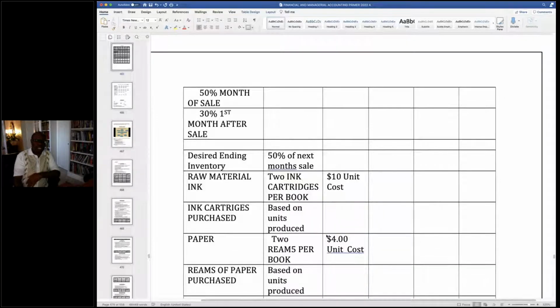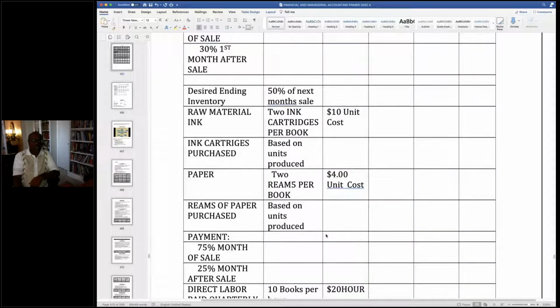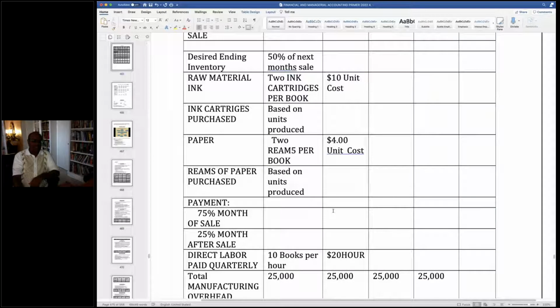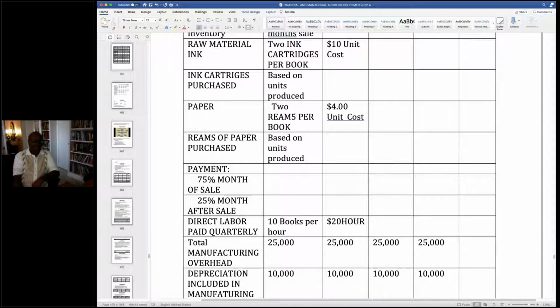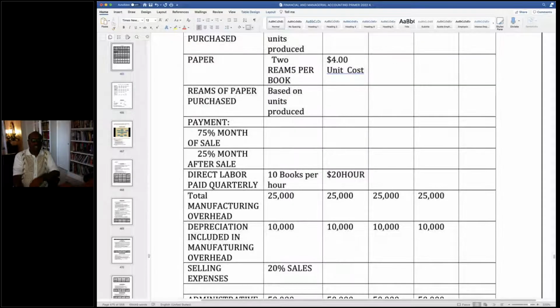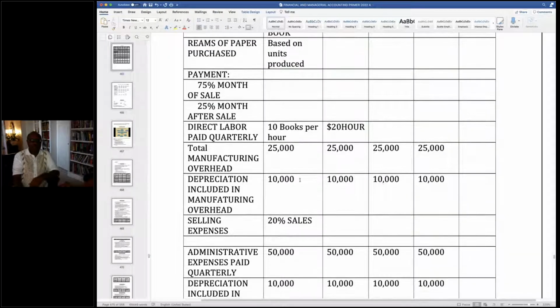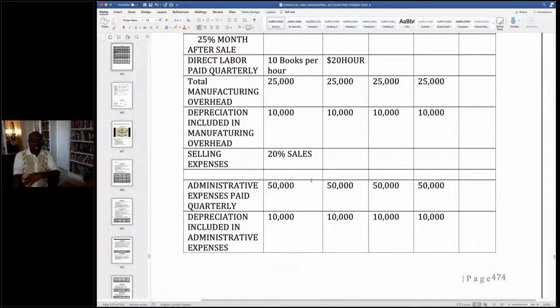This is the book, so we have two. And how we pay for the raw materials, the labor, the manufacturing overhead. There's depreciation in it, and we'll see how that impacts it.